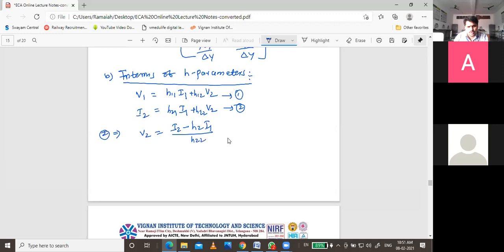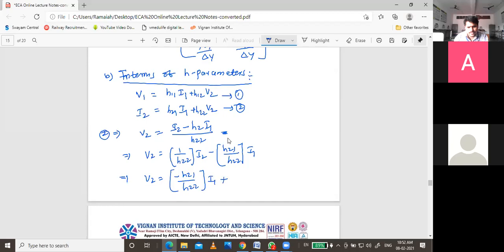So from this, V2 equal to 1 by H22 into I2 minus H21 by H22 into I1. So V2 equal to, first write this I1 term, minus H21 by H22 into I1, plus 1 by H22 into I2. So this is equation number 3.